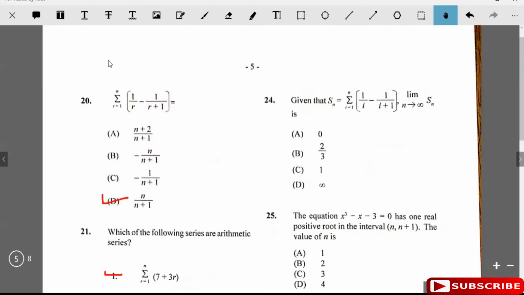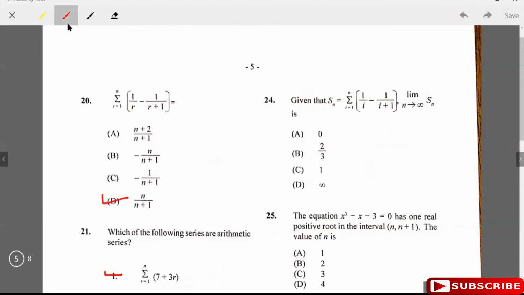All right. Question 24. Now look at this for question 24. They had asked us for this, the sum from 1 to n is this, and we said that it's equal to n over n plus 1.